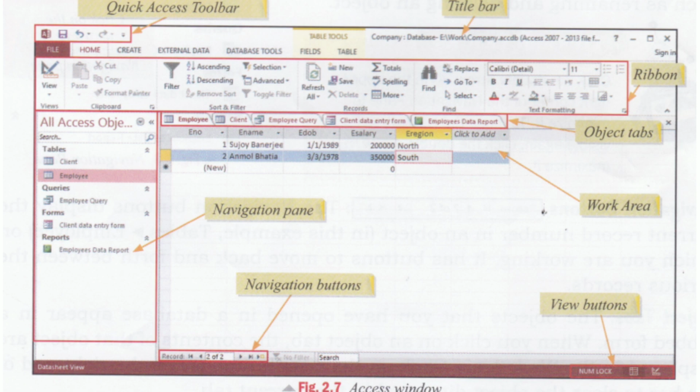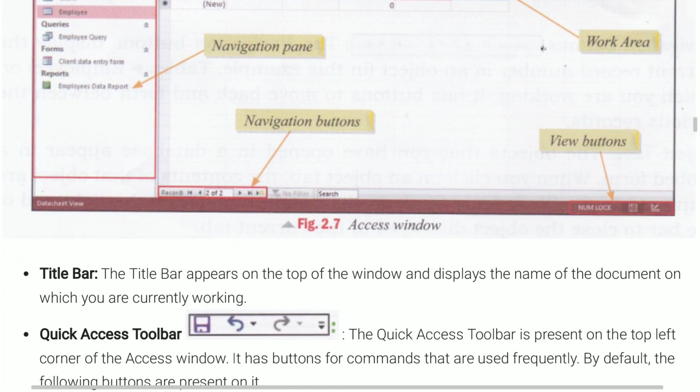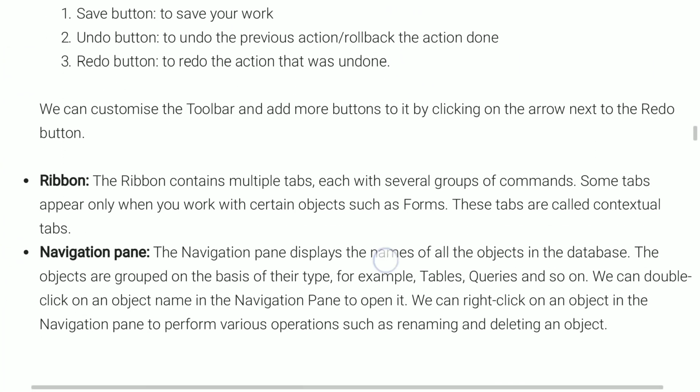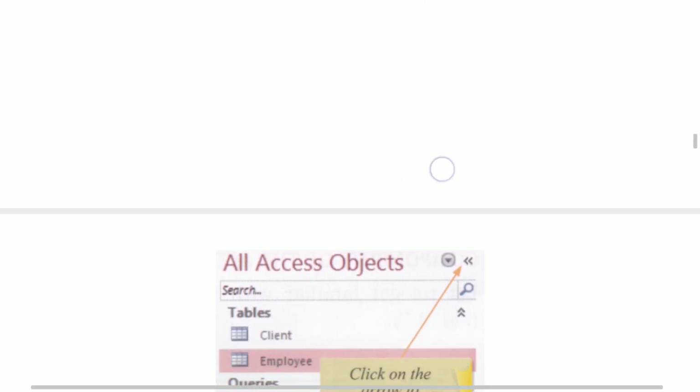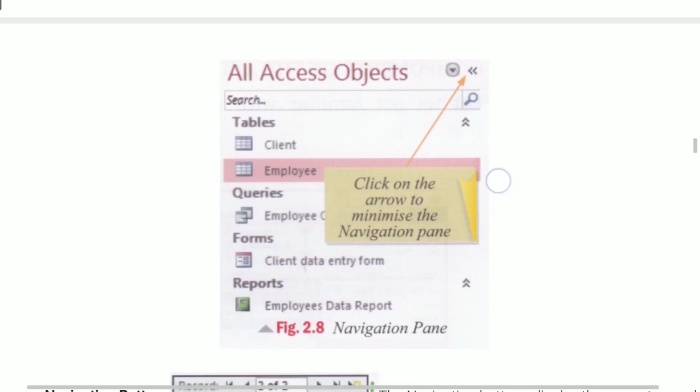Now the next component, on the left side of the screen, is the navigation pane. Understand this point: what is the navigation pane? You can also see the picture of the window on this screen. This one is the navigation pane.